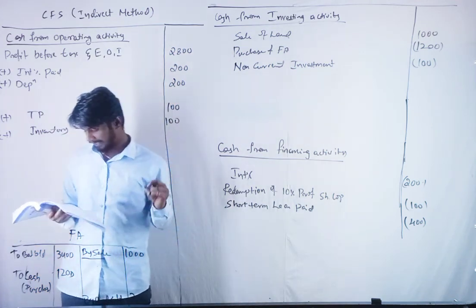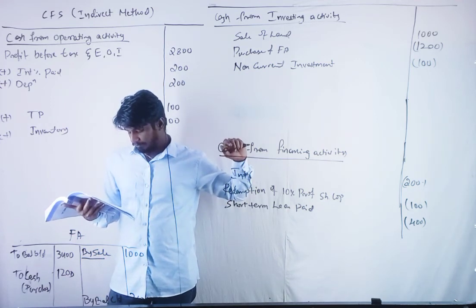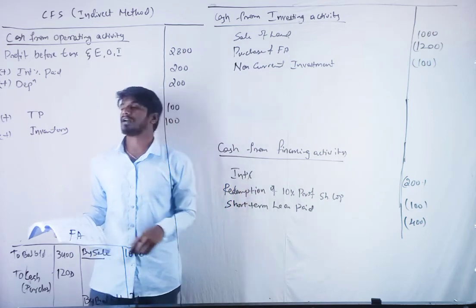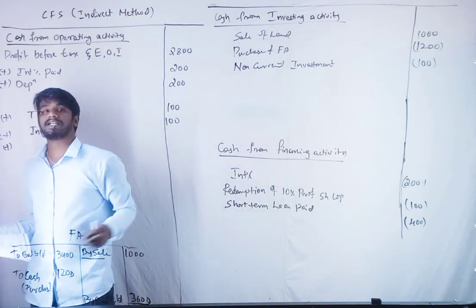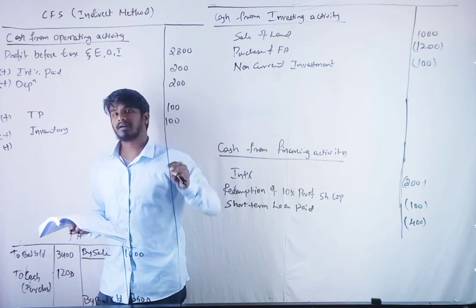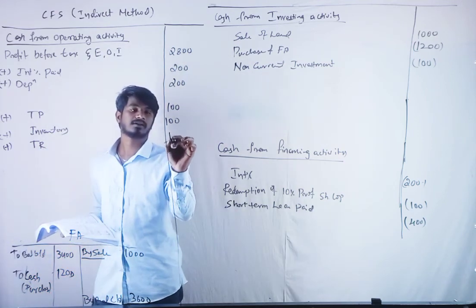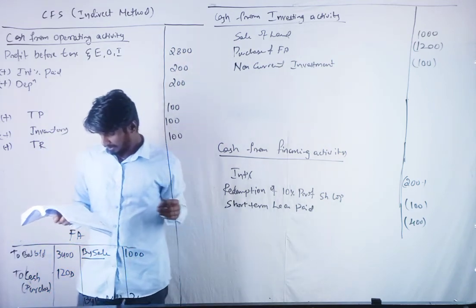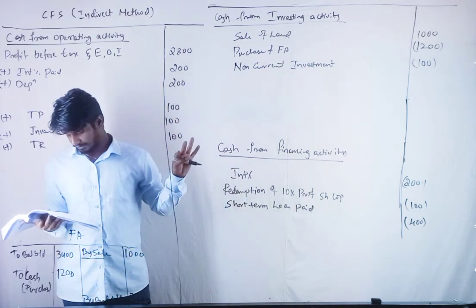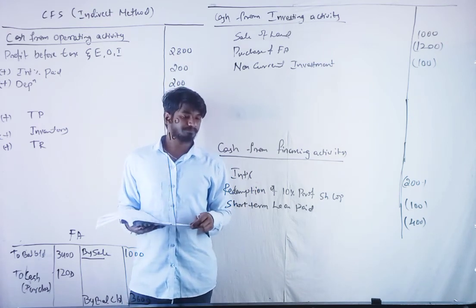Trade receivable 900, it was 800 in the end. We have received 100, right? If it is 900 and became 800, it means we have received 100. Trade receivable 100. Cash and cash equivalent, short term loans and advances: no changes in the short term loans and advances, no need to take that.